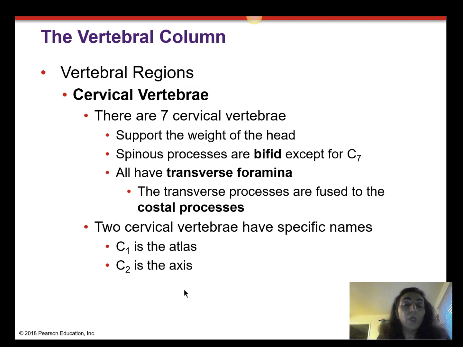Now, you need to know all these parts of the vertebra. It means that all the 26 vertebrae that you have. But for the cervical region, thoracic region, and lumbar region, you need to know some characteristics of them. How do you distinguish them from each other?